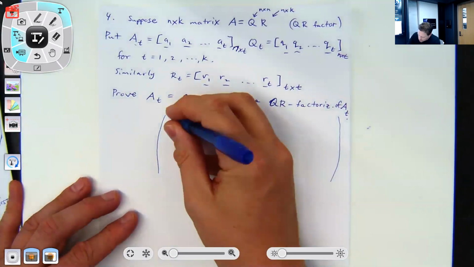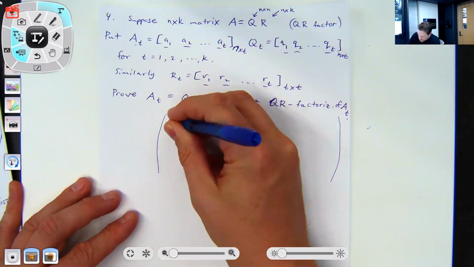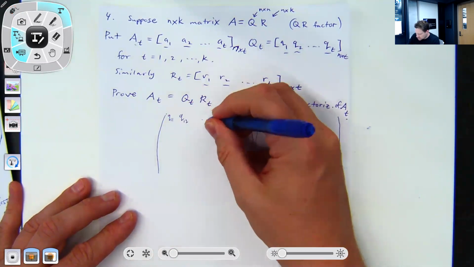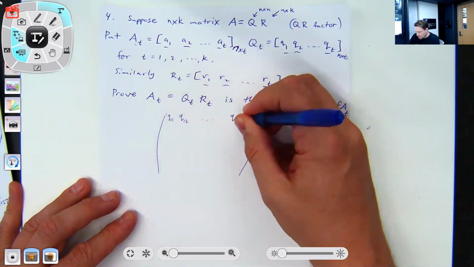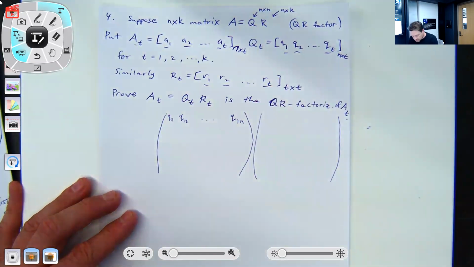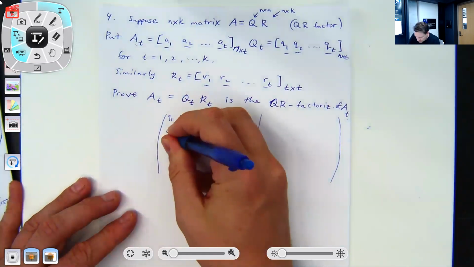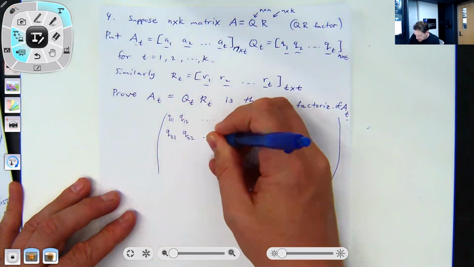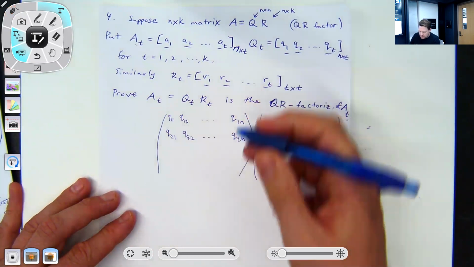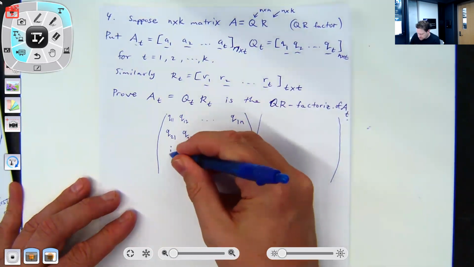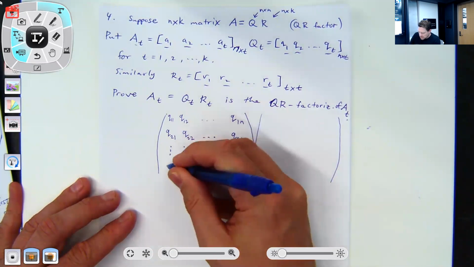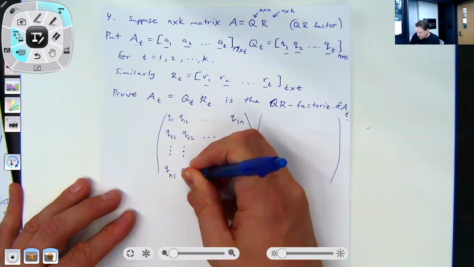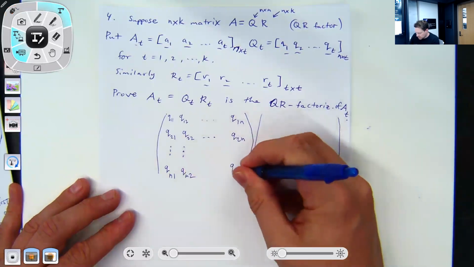Right, so here we go, Q11, and then we have Q12, and then dot, dot, dot, and then Q1n. Okay, so that's our first row, and then we go Q21, Q22, dot, dot, dot, Q2n. All right, then we have vertical dots, and here we have Qn1 and Qn2, and then over here we have Qnn.